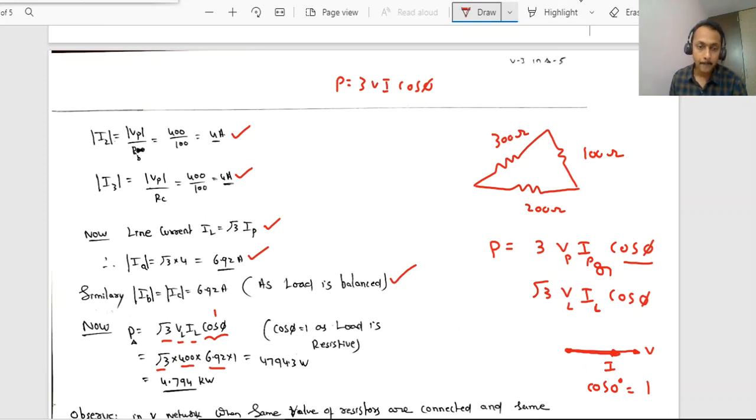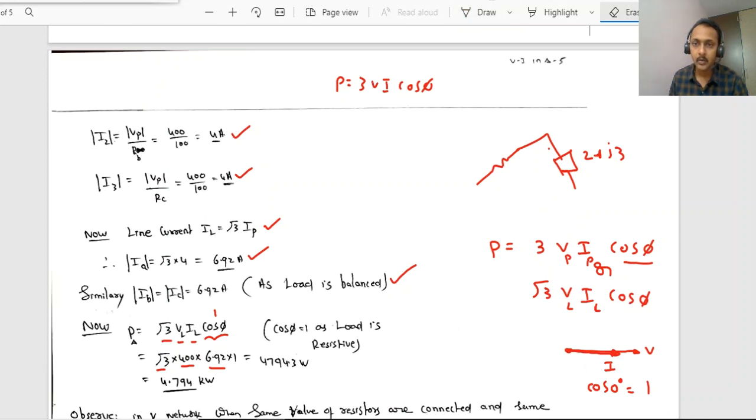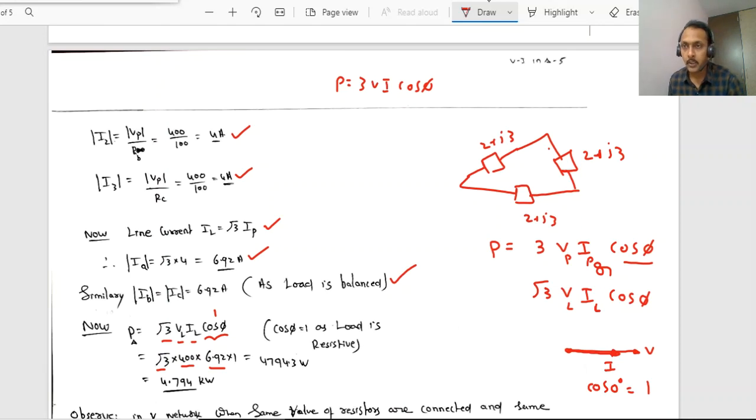Now, dear students, for example, if in place of a resistor, if an impedance is given, for example, if its value is 2 plus J3 in all the phases, instead of resistors, then the angle will not be 0 degrees.